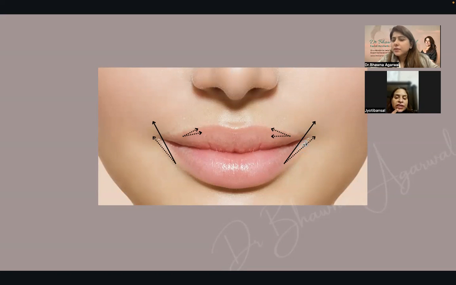Where should we inject if we want to fill this triangle? In the middle. This will be the marionette line. So you make the entry point over here, and along the entire length of the needle, you give support over here. So first you do the marionette line, then you do the corner of the mouth. If you're doing both marionette and corner, first marionette, then corner.